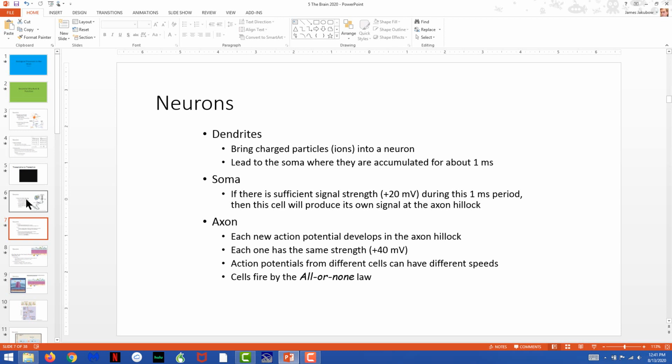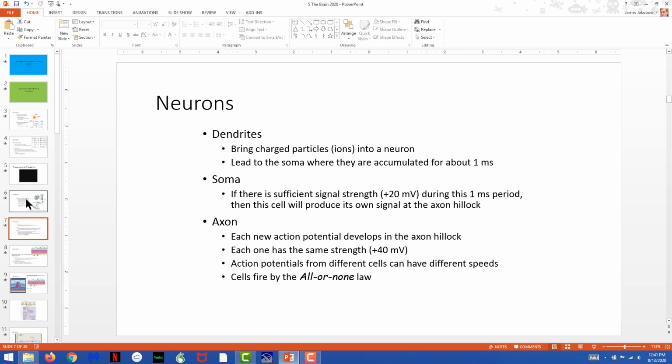Now, one of the things about action potentials is they can have different speeds down the axon. Some move slowly, some move more rapidly. For some of you, you may remember the role of myelin, and we're going to mention myelin in a short period, but myelin coating on an axon will make the action potential move more rapidly.